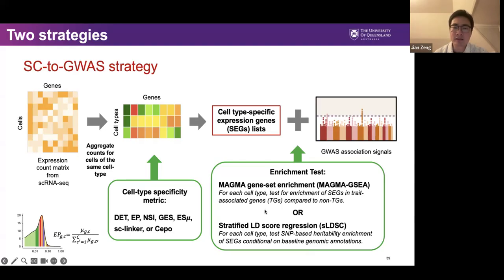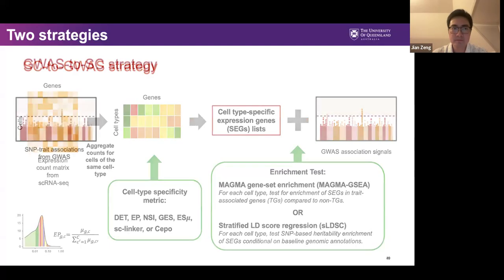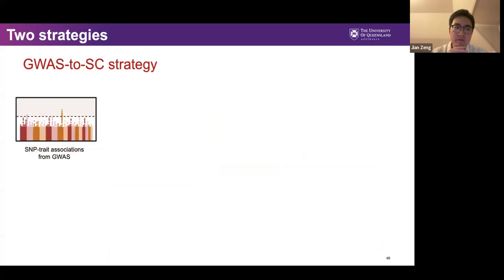It's looking at whether the cell type specific gene sets tend to be enriched in the GWAS gene-based association signal. Another type of method is LD score regression heritability enrichment, to test whether the heritability is enriched in the cell type specific gene set compared to the rest of the genome. So that starts from single cell towards the GWAS.